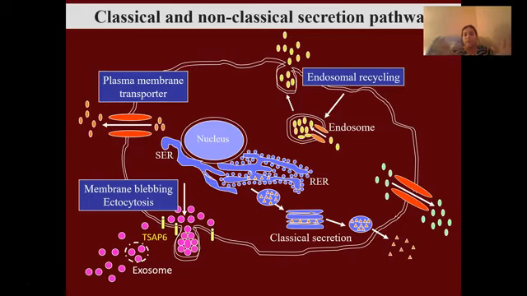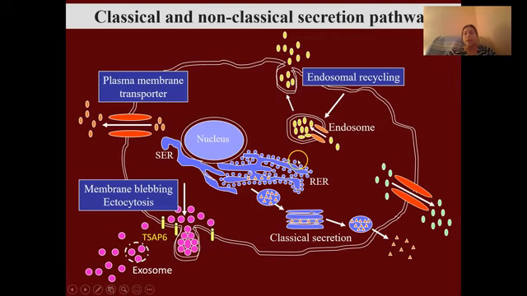Here you'll just see a quick review of these different pathways. Obviously you have membrane transporters to shuttle things in and out. You have your endosomal recycling, where you have endosomes recycling various molecules into and out of the cell, the receptors included.